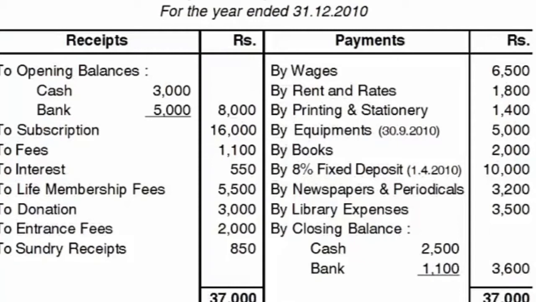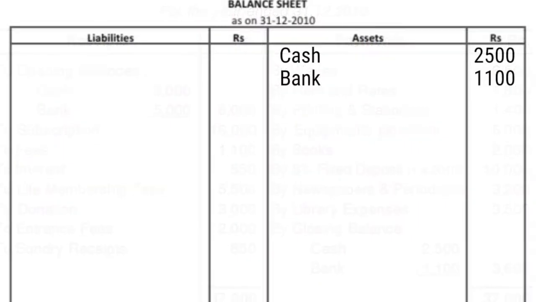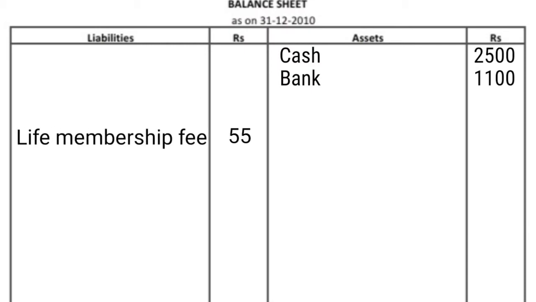But one question is arising here, that is, in which balance sheet we will enter this life membership fee, because we have two balance sheets. If they didn't mention the date, in that case we will take it as current year. Okay, so it will enter in current year balance sheet. So we can enter in current year balance sheet, liability side, life membership fee 5,500.